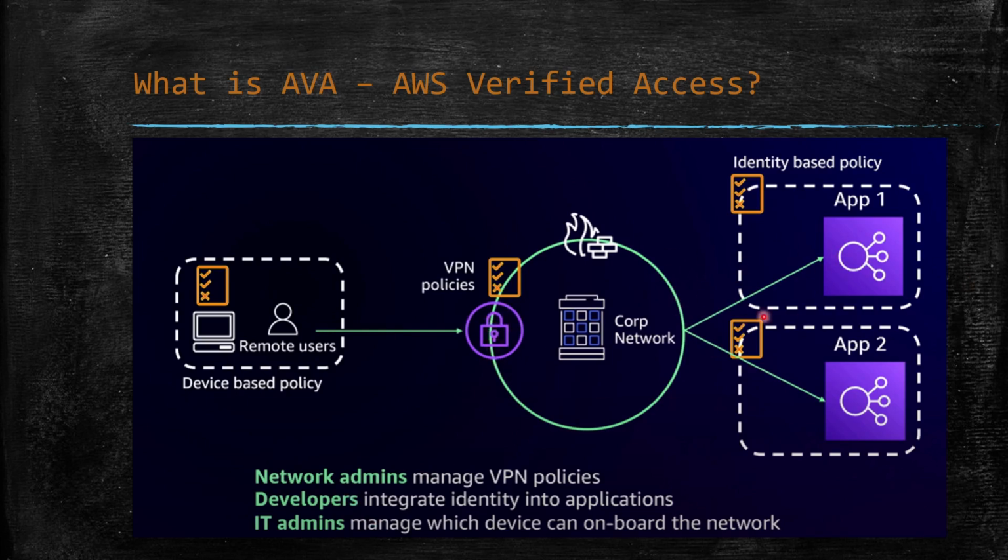So in short, these three layers, three roles, are getting replaced with a zero trust practice. Verified Access is built on zero trust principles, and we call it AVA, where Amazon Verified Access validates every access request continuously, using user and device context, right?